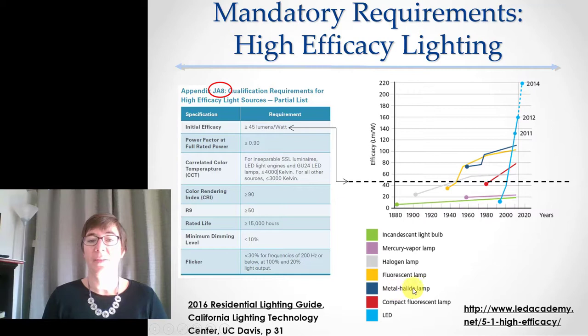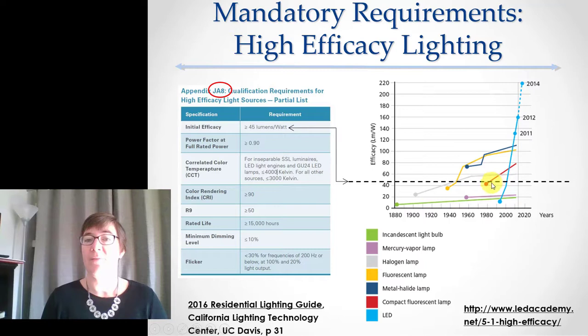Your fluorescent lamp, this yellow one right here, was invented, looks like a little bit before 1940. Started out with a reasonably low efficacy, and we've made some improvements over time. So here's where it is roughly today. The compact fluorescent lamp is this red line right here.